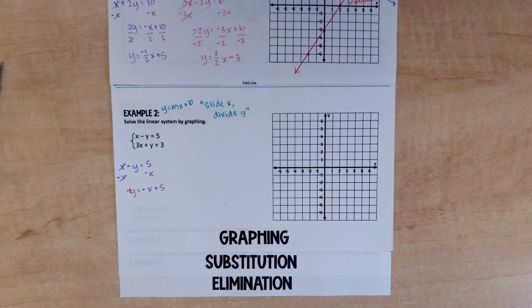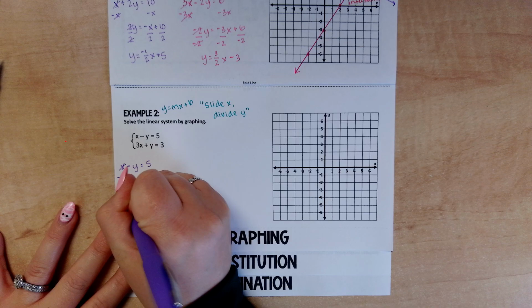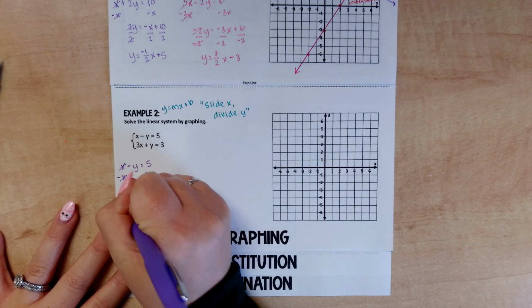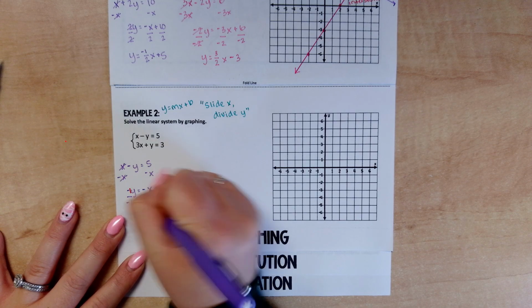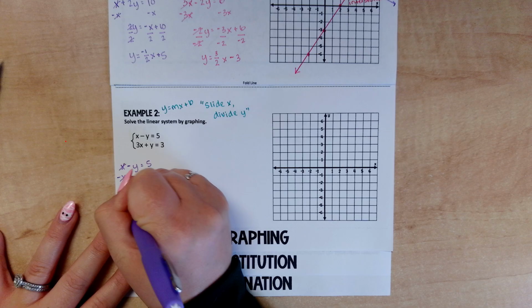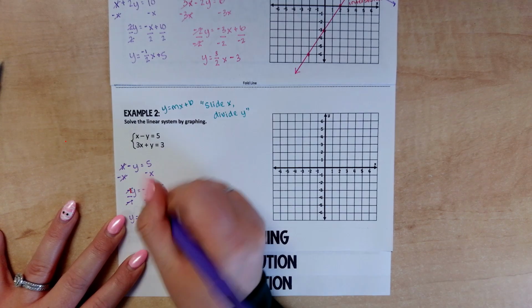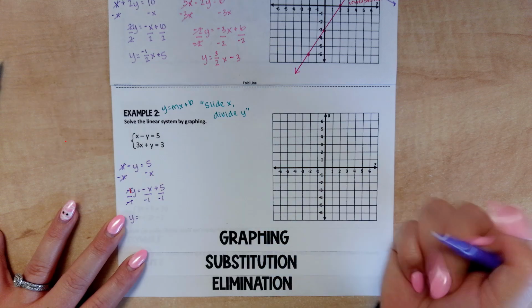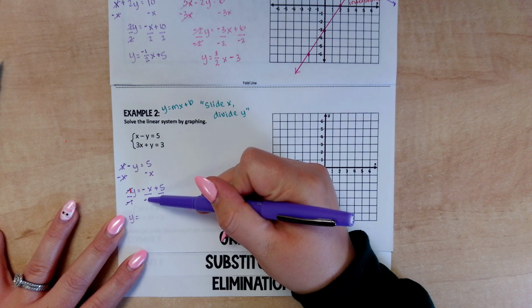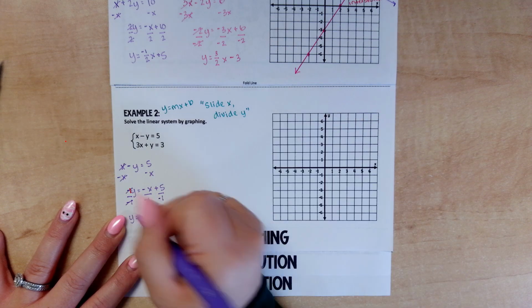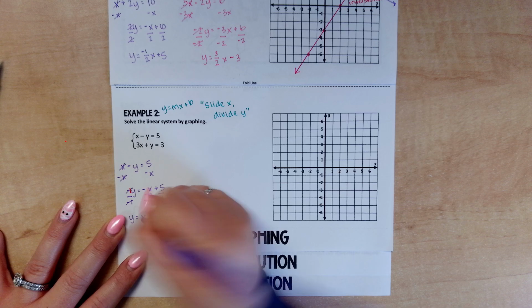y equals mx plus b. y is completely isolated, so you do have to still divide by a negative 1 under everything. So now my y is isolated, and negative and negative make positive. So I'm just going to have an x right there.